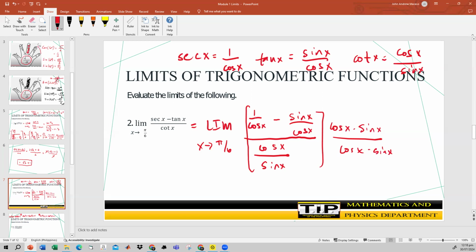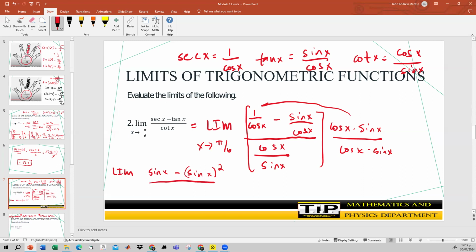Okay, so we'll multiply this and we'll result to what? So that's the limit of cosine x times sine x times cosine x. So we'll multiply this. So this will become equal to simply sine x. Then multiplying this, so this will become equal to minus sine x. Of course, this will become sine x squared, or sine squared x, right?